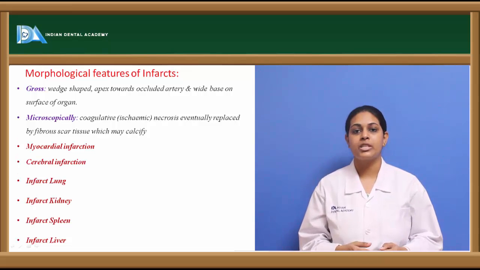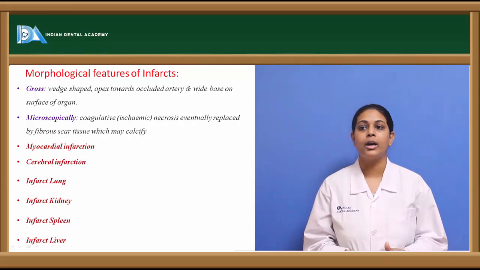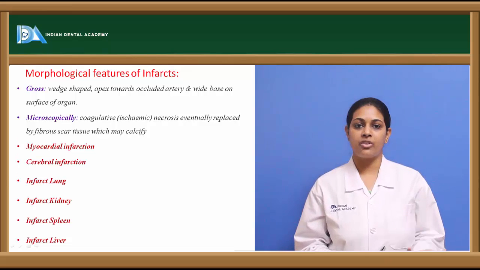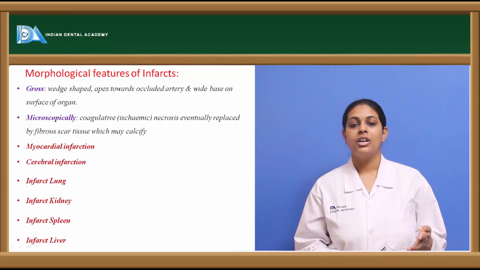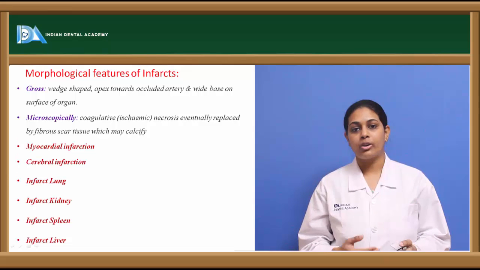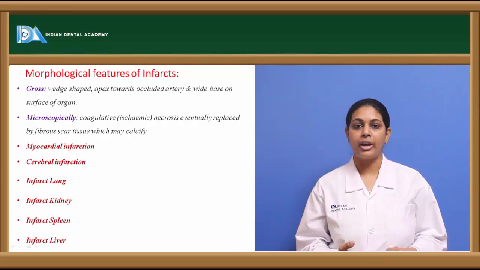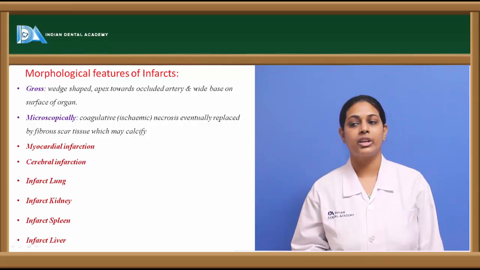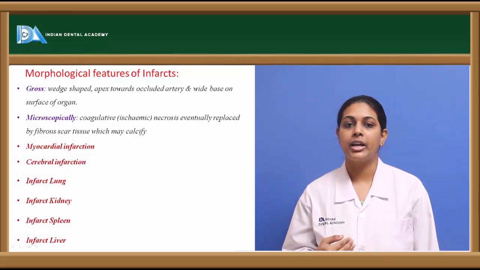The gross specimen appears wedge shaped and red and hemorrhagic, depending on the age. If it is a fresh one, it appears red or hemorrhagic. If it is an older one, it appears pale or anemic. Microscopically, we find atrophy of the myocardial fibers and alteration in the myocardial muscle cells. This is what we see in myocardial infarction.